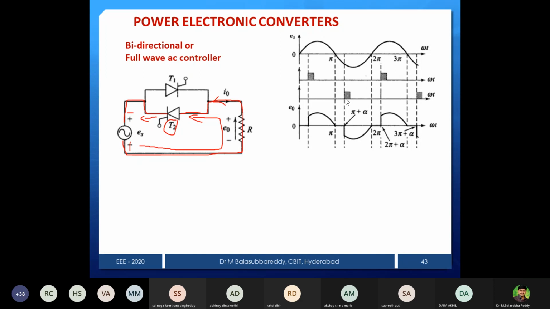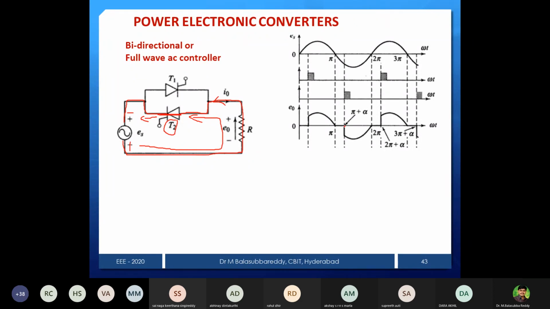Now, from pi to pi plus alpha, no device will conduct, because one is already off, and the other is forward bias only but not conducting because no firing pulse from pi to pi plus alpha. Exactly at pi plus alpha, the pulse is given to T2. Then T2 will start conducting. Once T2 is conducting, only then you will get an output same as the source in the negative direction.